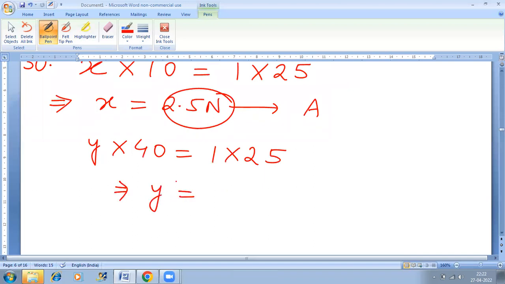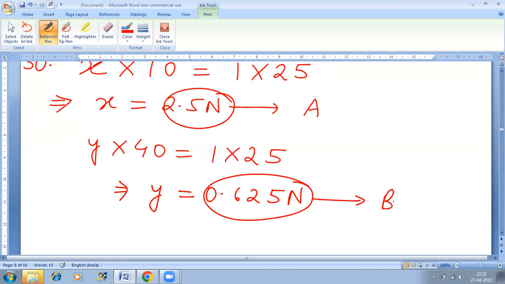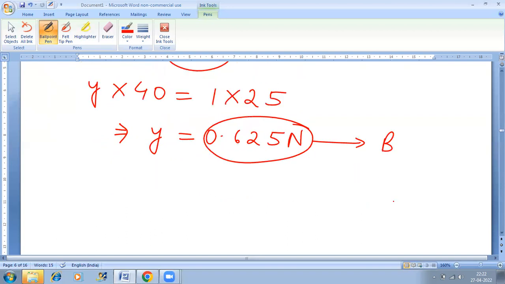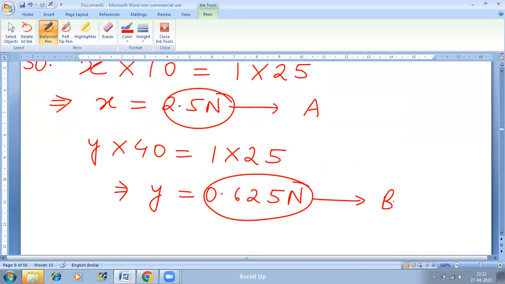Y will be equal to 0.625. This is going to be for acid B. Right. We have found out the normalities of the two acids.